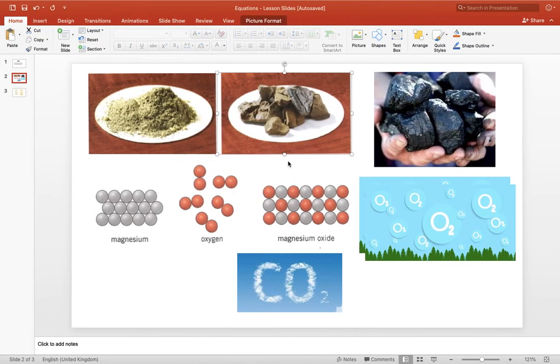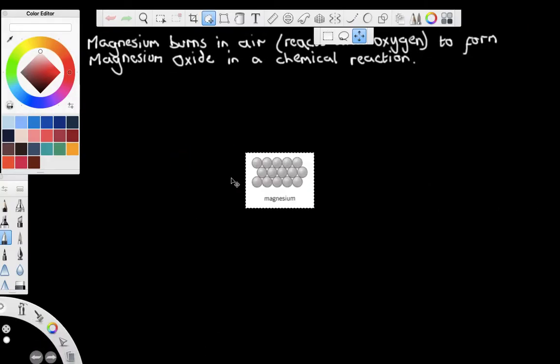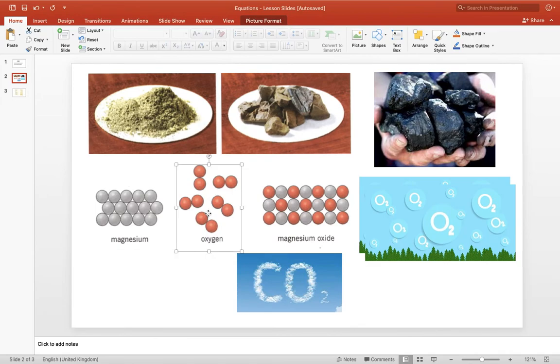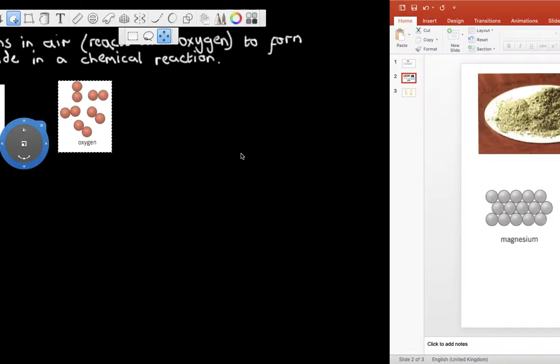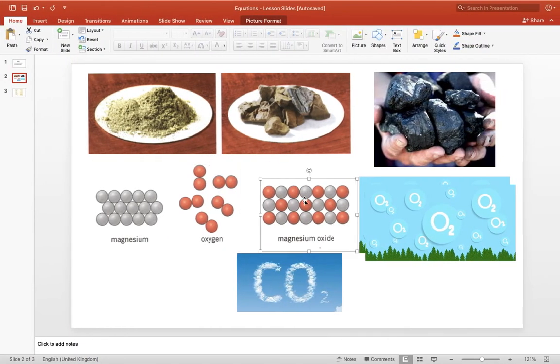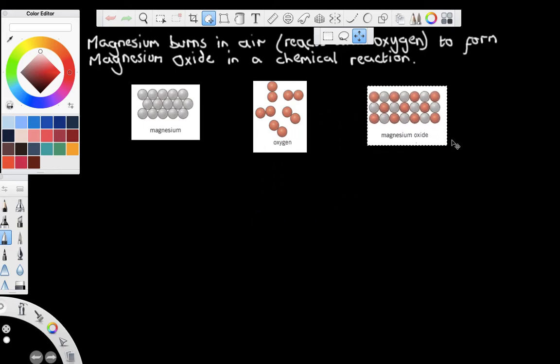Now, because it's a chemical reaction, we're taking magnesium, which is a metal, we're reacting it with a gas, oxygen, and we're forming another solid, magnesium oxide. And because this is a chemical reaction, the atoms have been rearranged. So we're adding magnesium and oxygen together, and we're forming the product magnesium oxide.